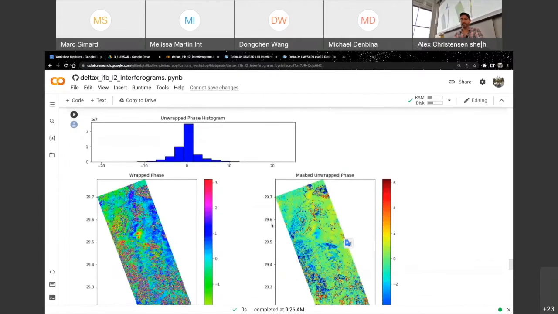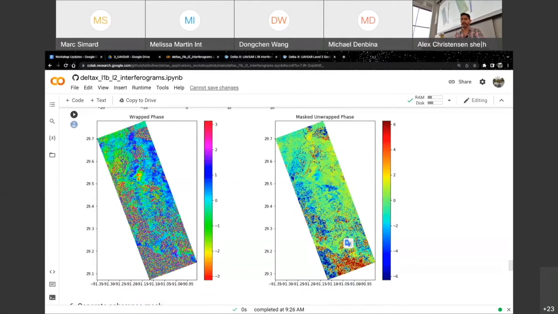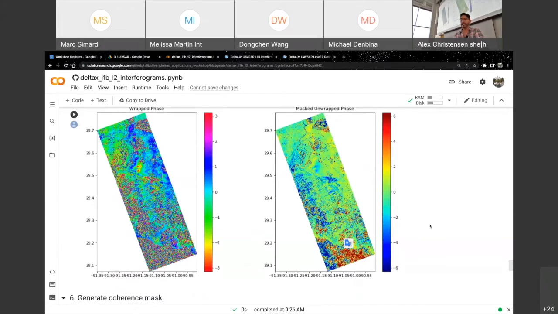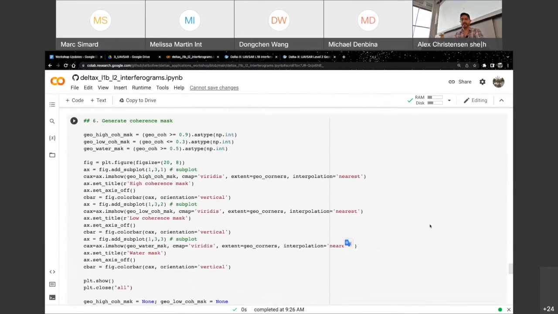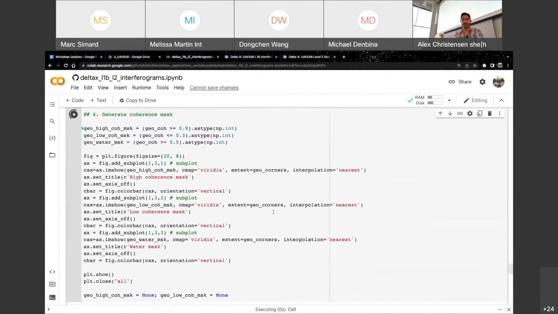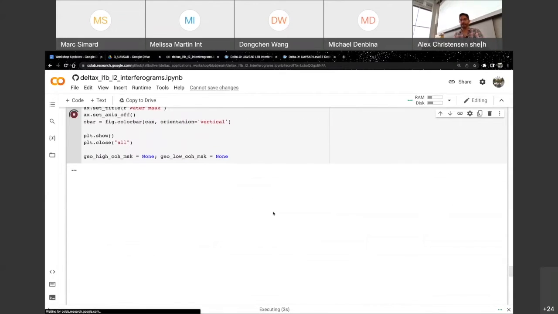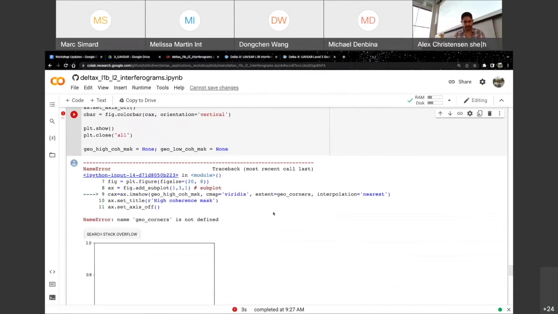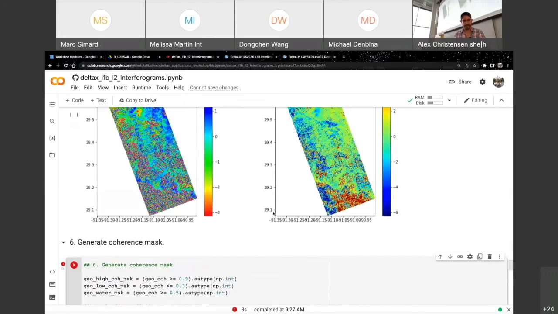And then again, we can compare the wrapped phase with the unwrapped phase, same data, just with the projection and our masks, right? So we generate our masks, but nothing really changed except that I forgot to read my geocoordinates.